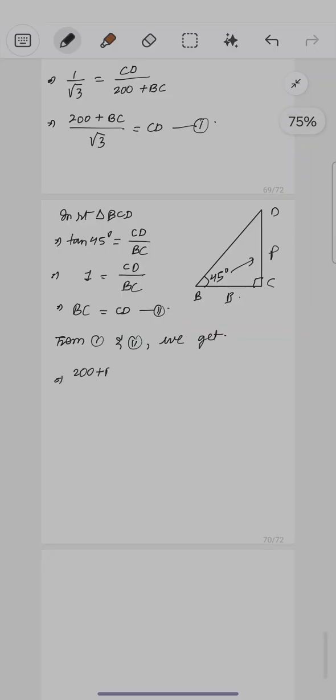Now from 1 and 2 we get CD equal to, BC is CD, so 200 plus BC by root 3. So 200 equal to root 3 CD minus CD. So 200 equal to CD times root 3 minus 1.